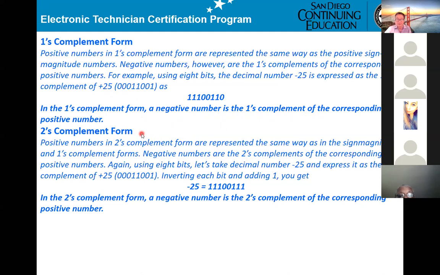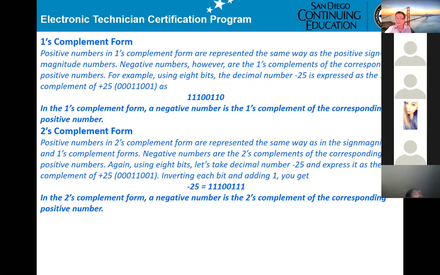Second complement. Positive numbers in the second complement form are represented the same way as in sign magnitude and first complement form. Negative numbers are the second complement of the corresponding positive number. Again, using 8 bits, let's take the decimal number minus 25 and express it as the second complement. So you know 25 will be 11001.